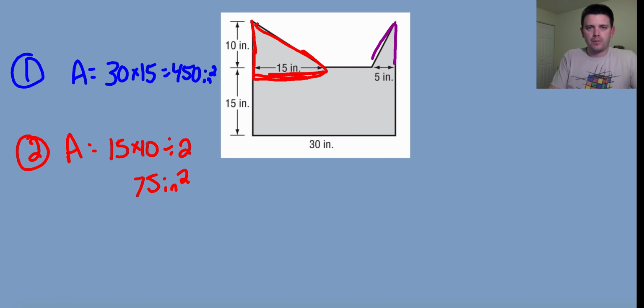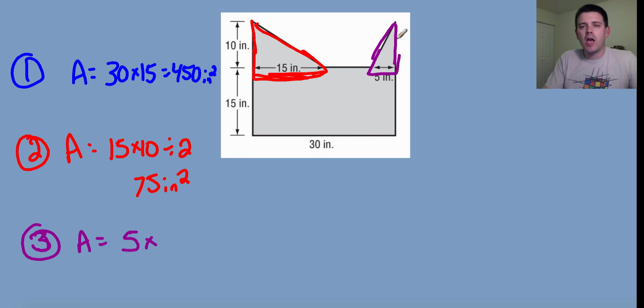Okay. Last piece. This one down here. Again, it's a triangle. It's a smaller one, but we still need my base and my height divided by 2. My base is my 5. That one's easy. My height, they don't tell me what my height is. They didn't give a measurement here, but I know that's a right angle, so I know this is going to be my height over here.